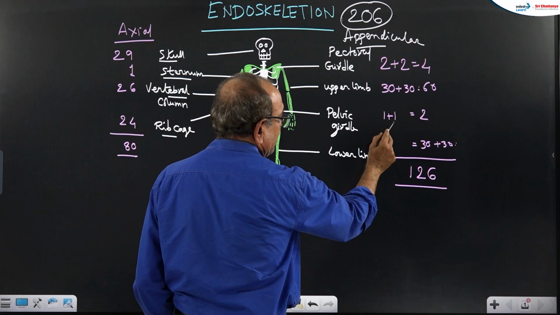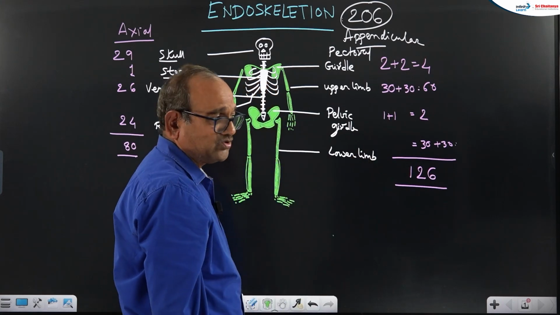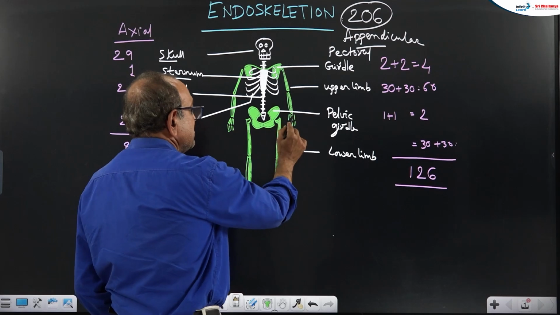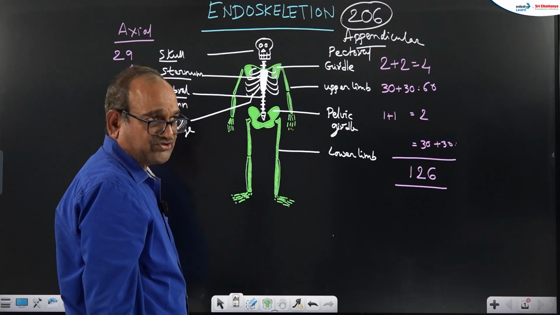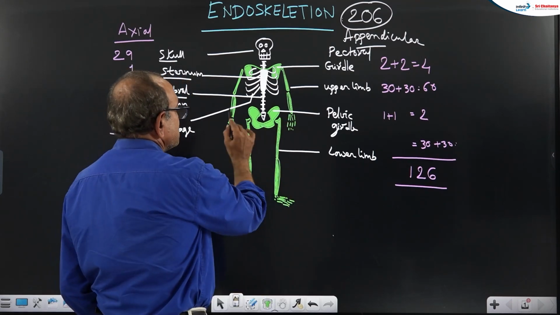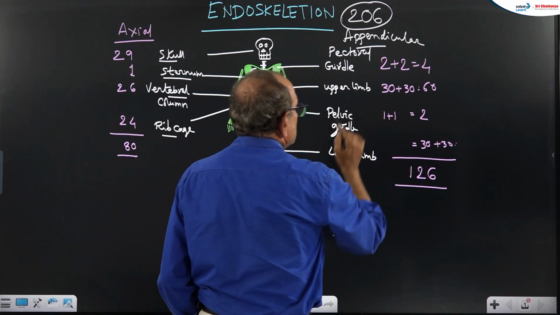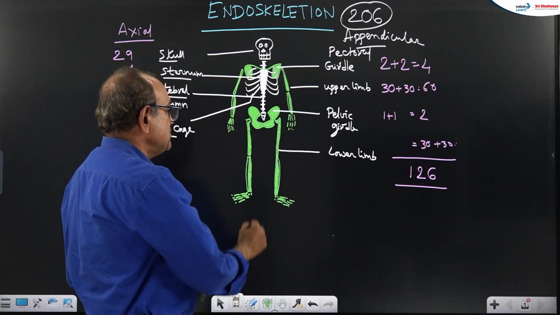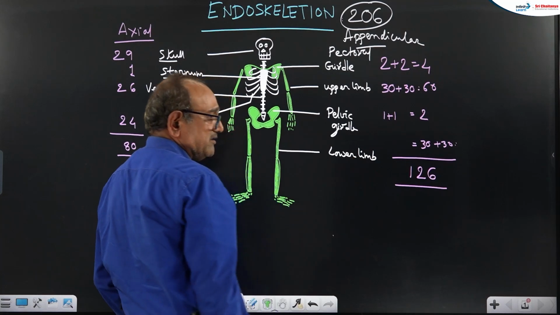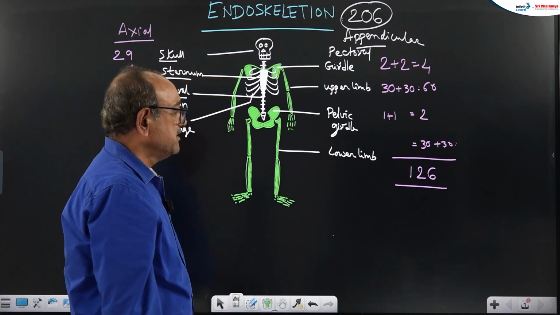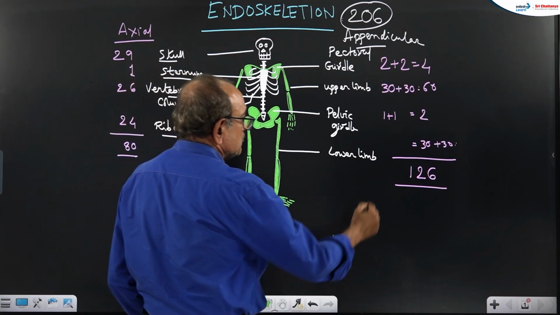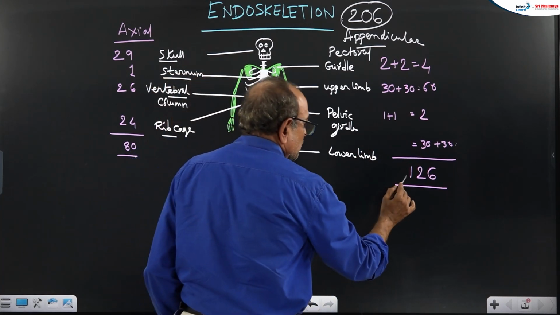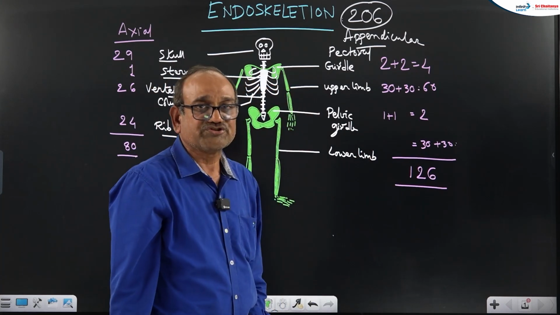Each half of the pelvic girdle is made of a single bone, so 2 bones together form the pelvic girdle. Each limb contains 30 bones, that is 30 plus 30, 60 bones together forming the upper limb skeleton, whereas each lower limb also contains the same number, 30 plus 30, that is 60 bones. So if you sum up all this, the appendicular skeleton contains a total of 126 bones.